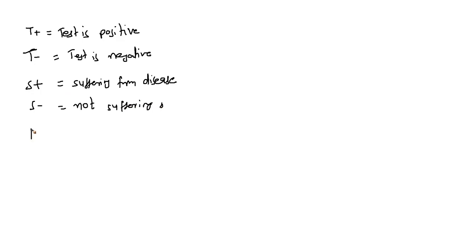So these are the symbols. The first step is to take the problem and convert it into symbols so that it's easier for us to express in terms of probability.